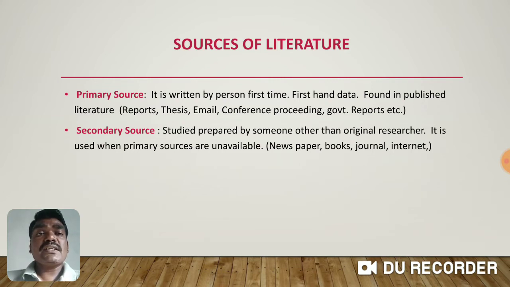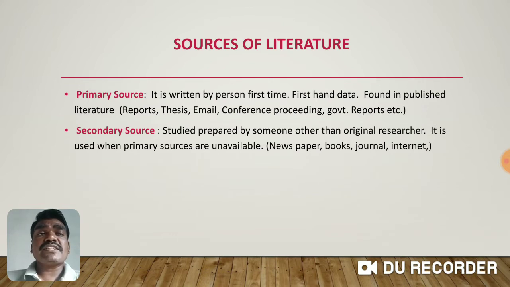Okay, it is the source or the study or investigation which has been undertaken by the person first time, or it is the information which is written by the person first time.